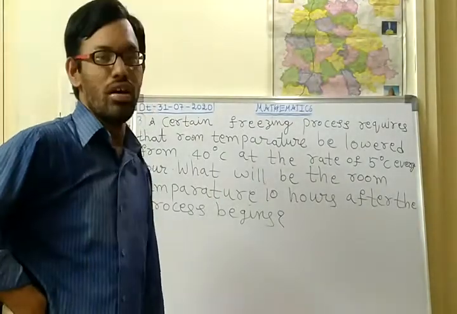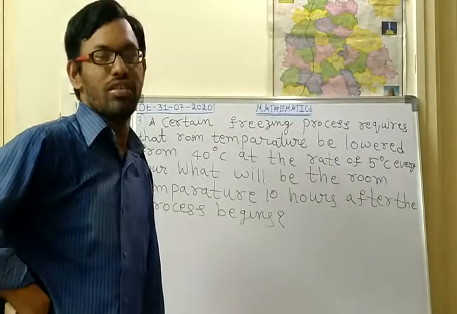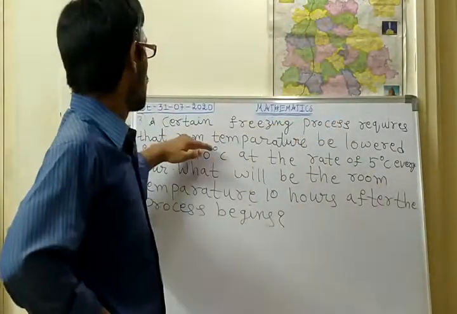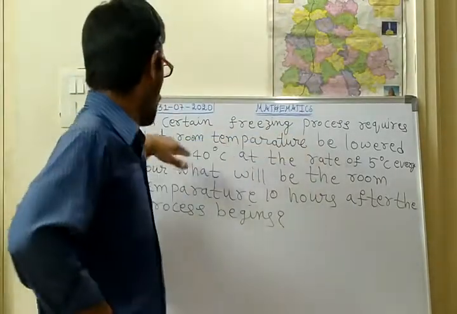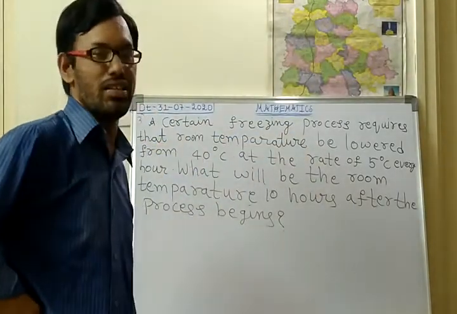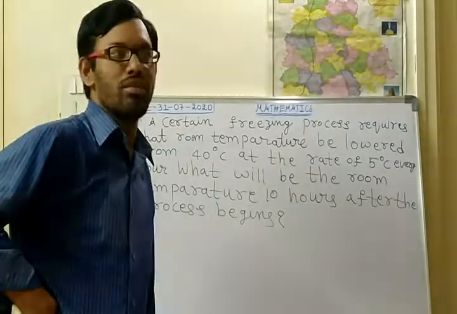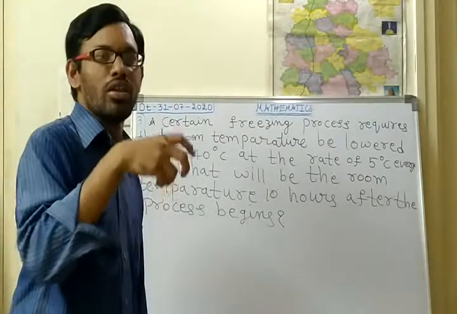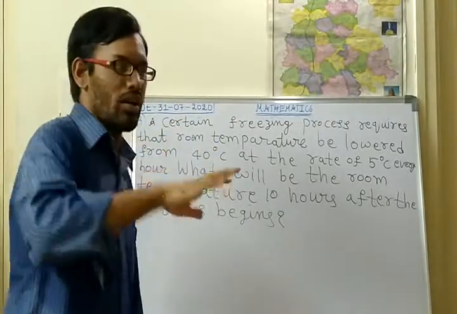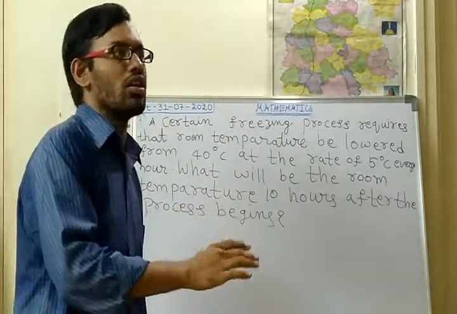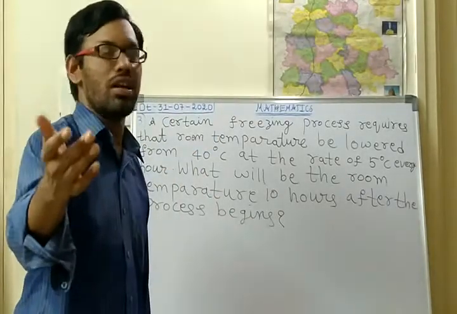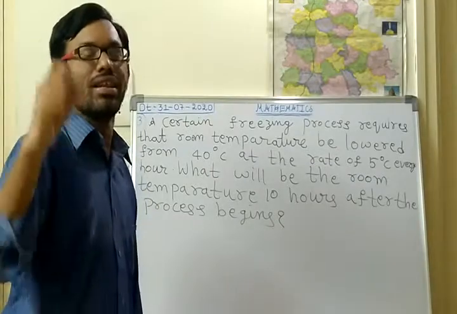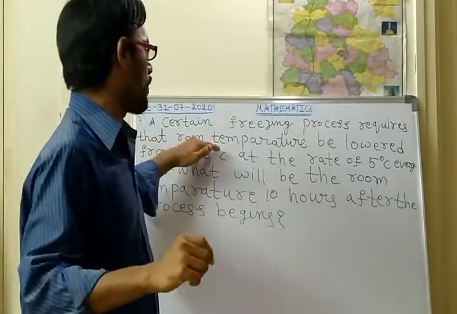Room temperature means the temperature of the room you are in. Suppose your staying room is there, so how much temperature is there in that room, that temperature is known as room temperature.